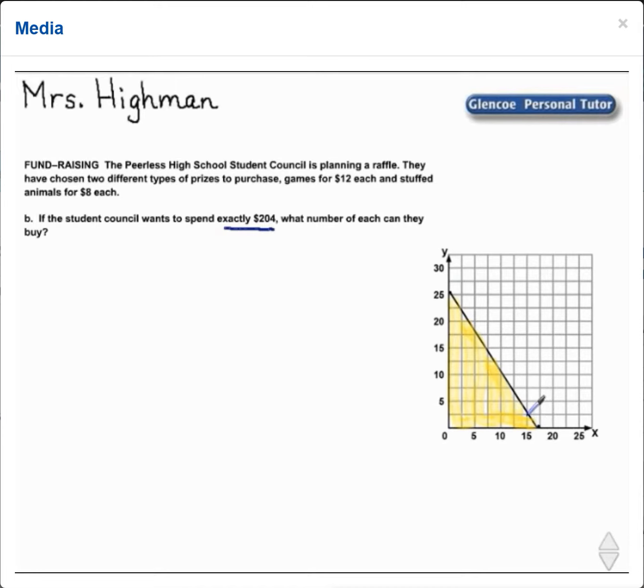And we also have to think about we need whole number values, because we need a whole number of games and a whole number of stuffed animals. So one value that we might use is if we come over here to 15, follow up to the line, here we get 3. That would mean that we have 15 games and 3 stuffed animals.